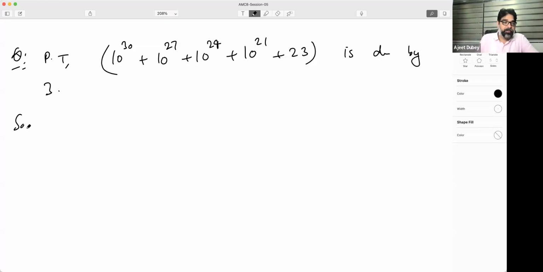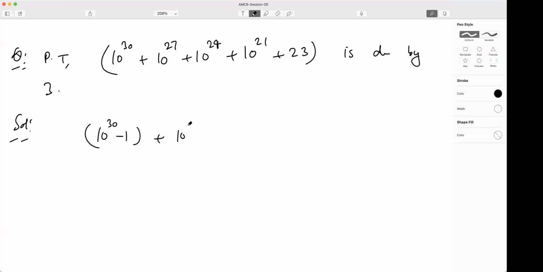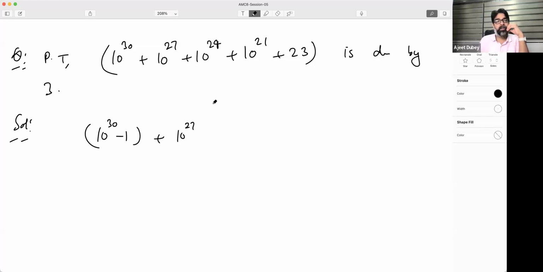We can write these questions this way: 10 power 30 minus 1 plus. Sir, we could also do it as 10 to the power of 3 into 10 plus 10 to the power of 3 into 7, then take out 10 to the power of 3, and then prove it's divisible by 3. Yes, that also we can do.